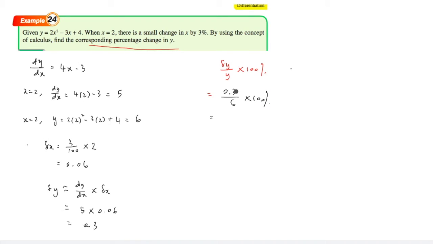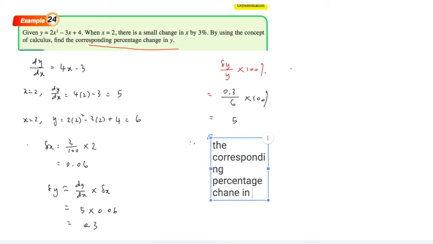You will get 5%. That means the corresponding percentage change in y is 5%.